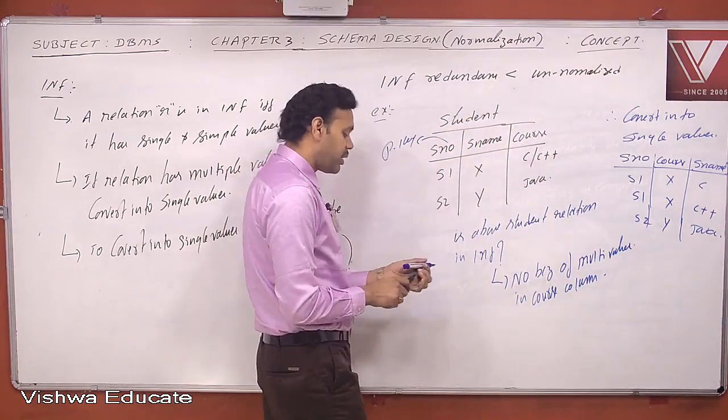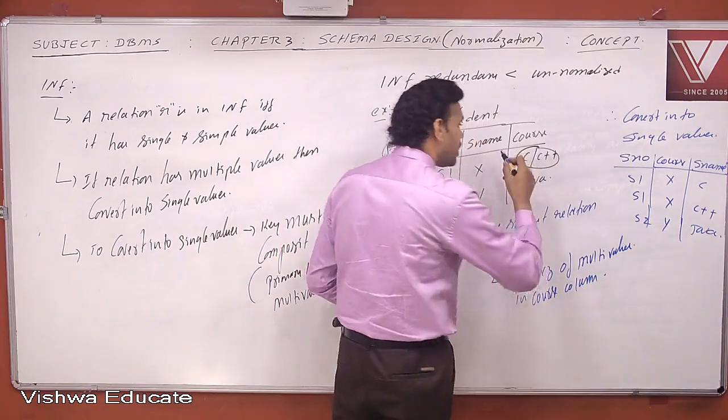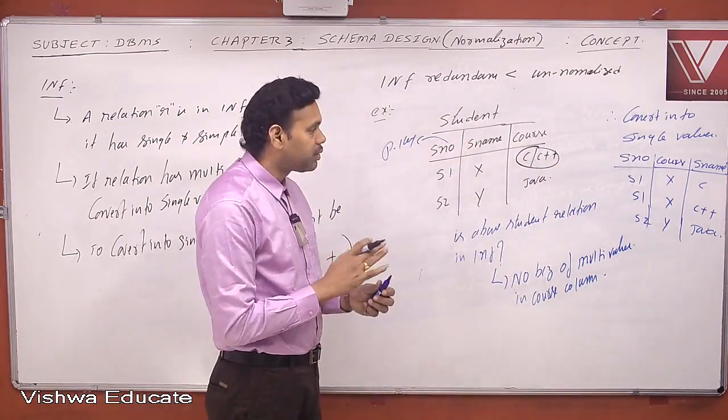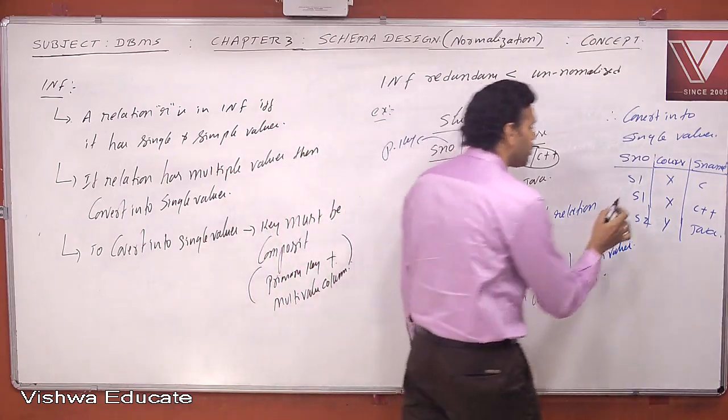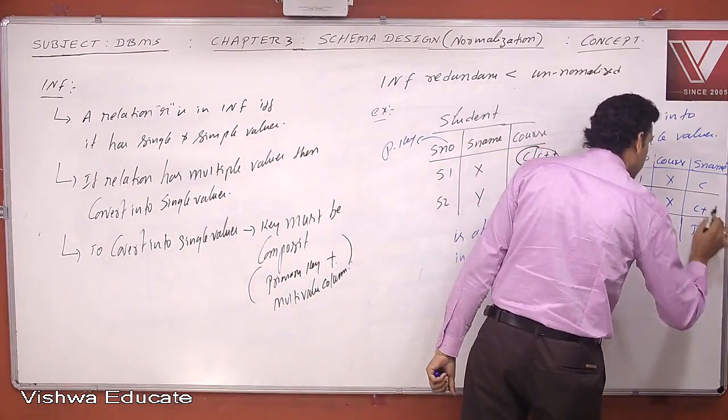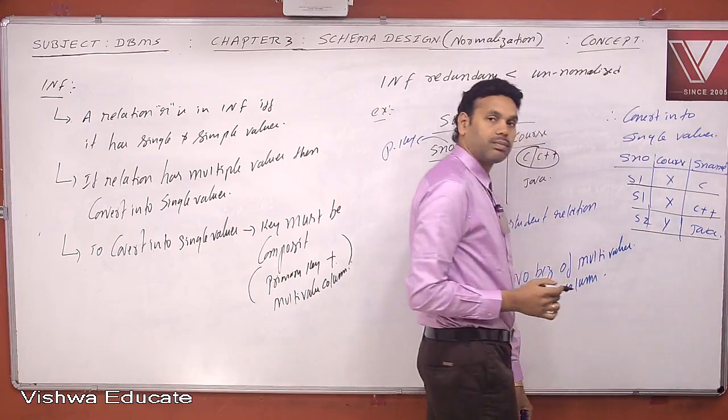So I have divided these divisible values into indivisible form. This is one row, this is another row, this is another row.